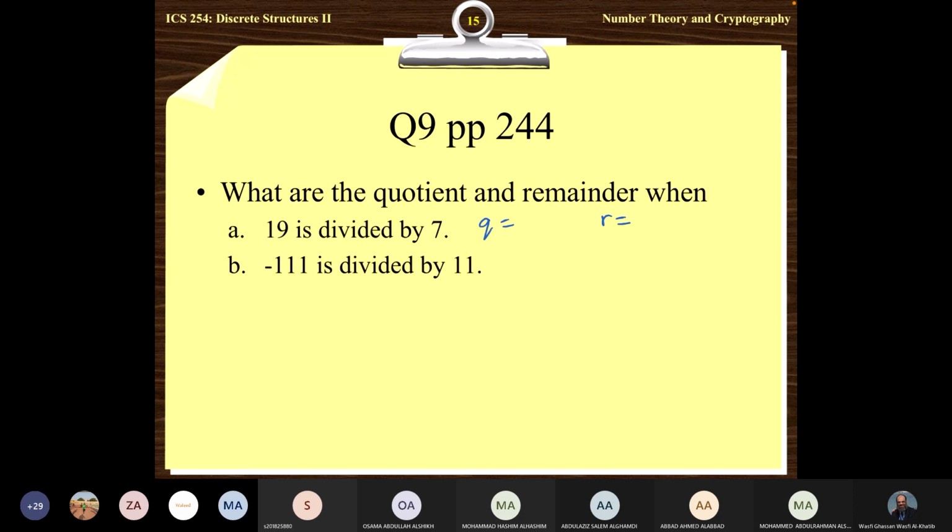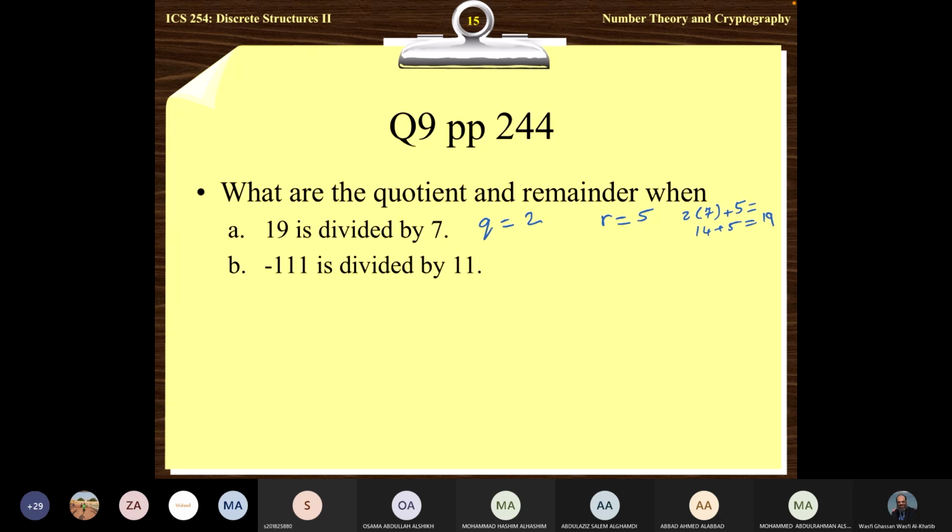Right? So Q is equal to 2 and R is equal to 5. Indeed, 2 multiplied by 7 plus 5 is basically 14 plus 5, which is 19.